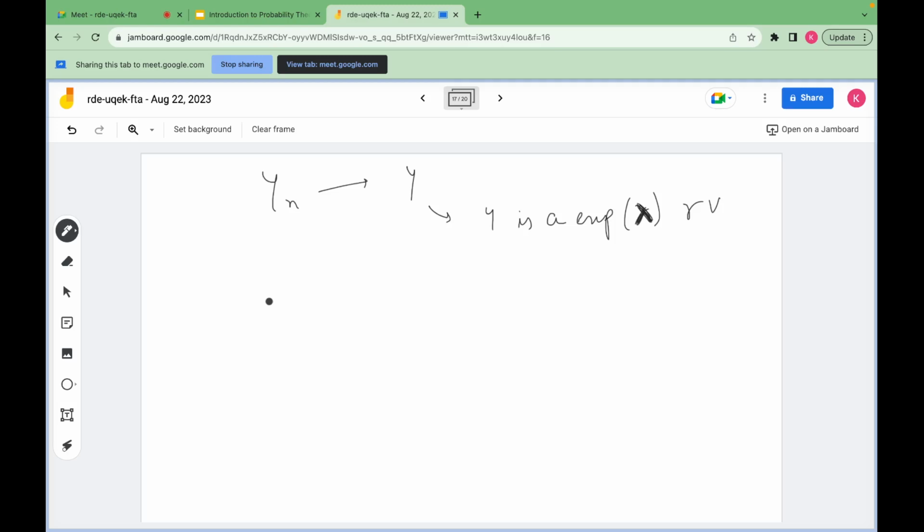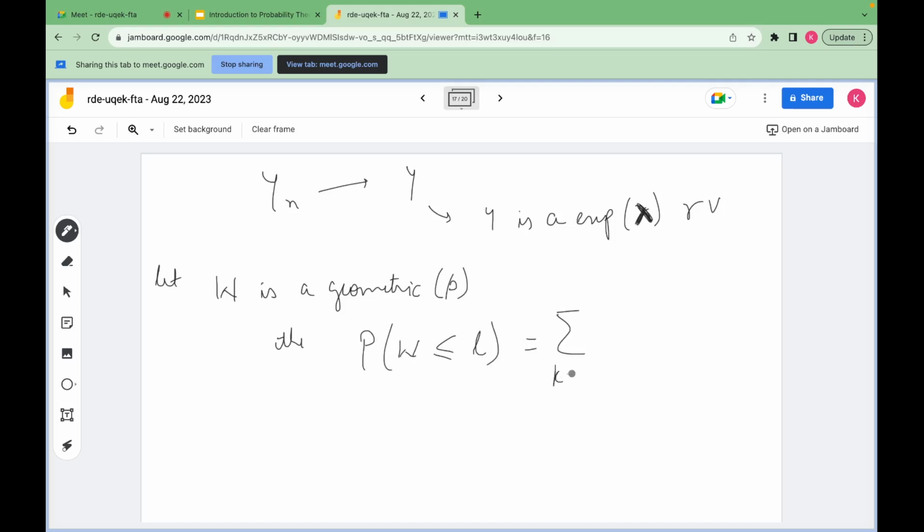Note that if W is a geometric distribution with some p, then the probability that W is less than or equal to some value L is equal to the summation k equal to 1 to L of (1 minus p) to the power k minus 1 times p.